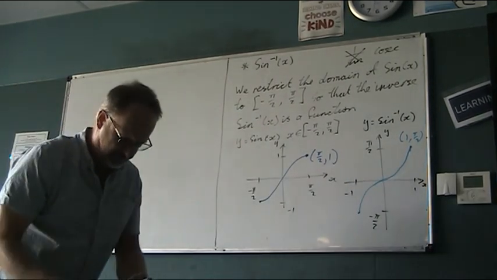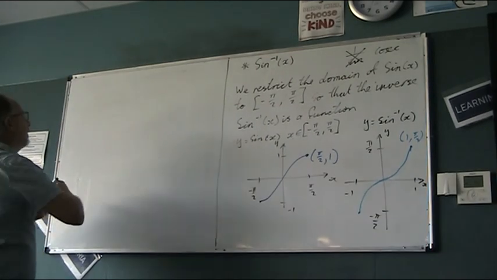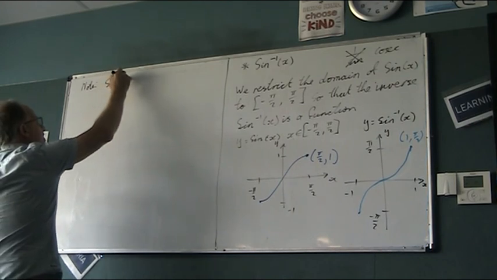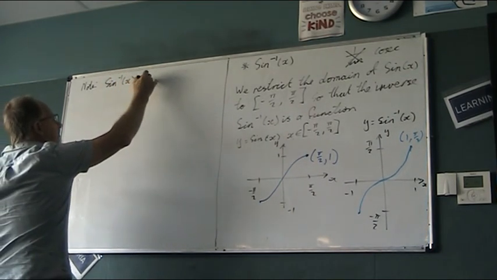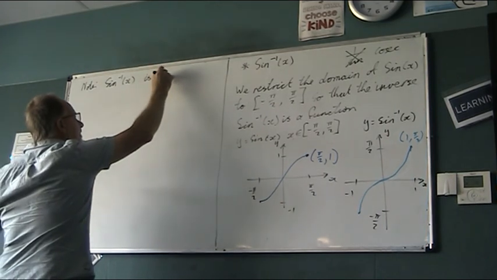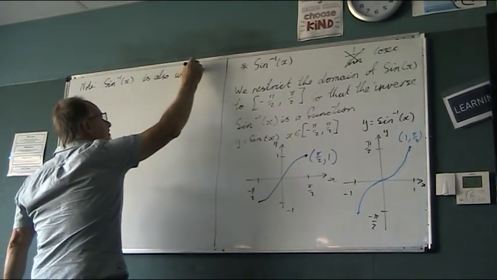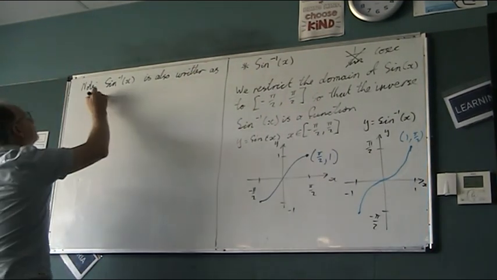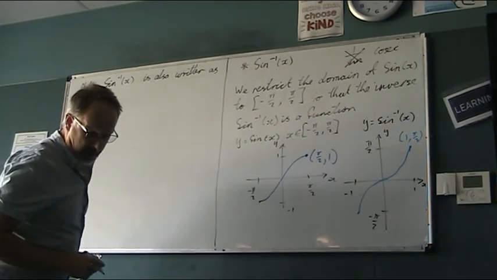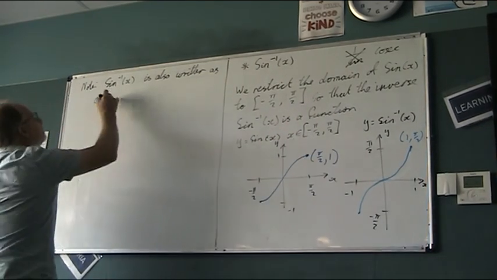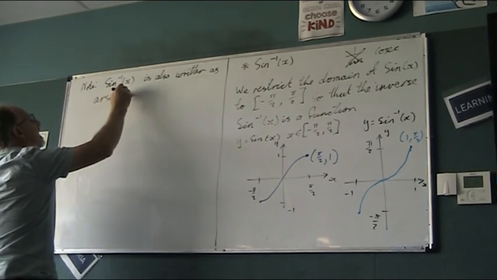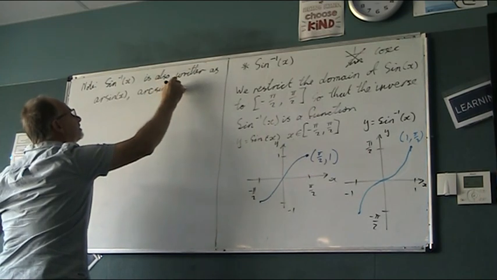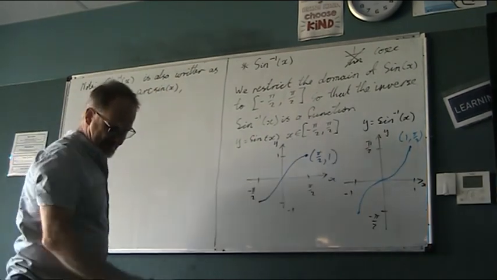Now, there are other ways that the inverse is written. So, let's just write a note. Sine -1 x is also written as arcsine x, arc sine x, and asin x.